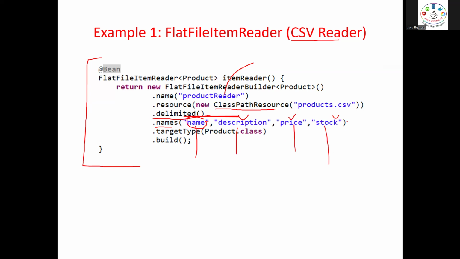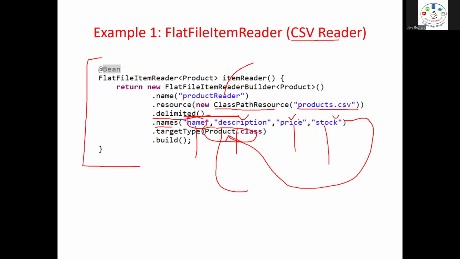I want to match these to an entity class, a model class. I am using the target type Product.class here, so these names should match with Product.class. Inside this CSV file, this whole information should be there. In this way, you can read the data here.